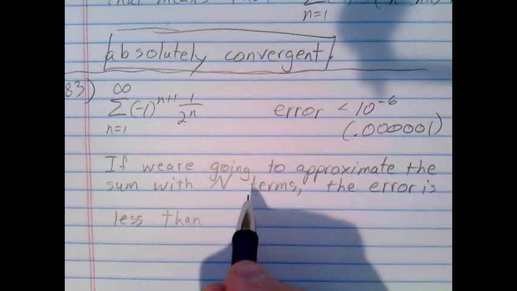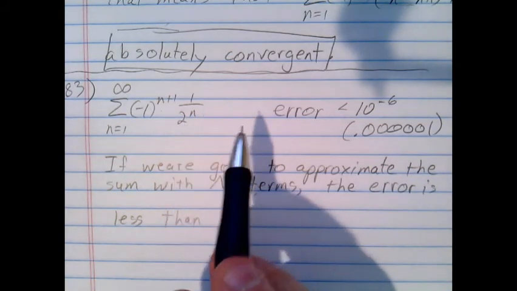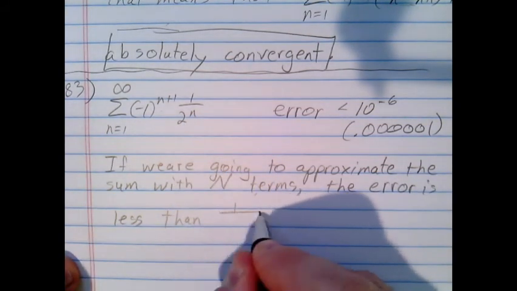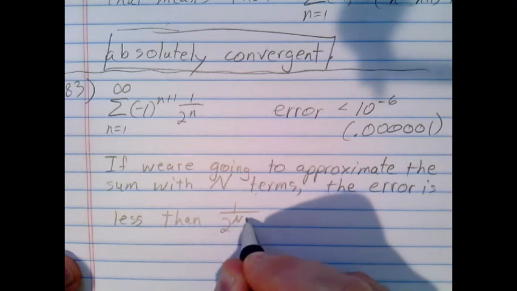So if we're going to take the first N terms, then the first one we leave out would be 1 over 2 to the N plus 1.